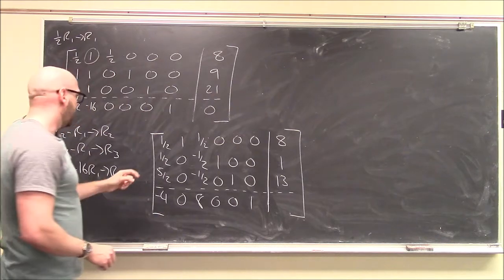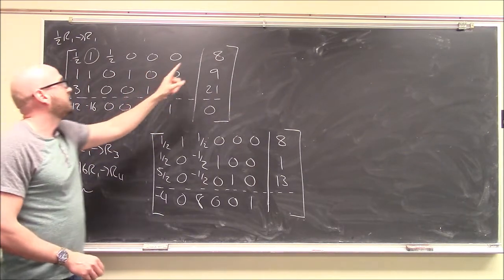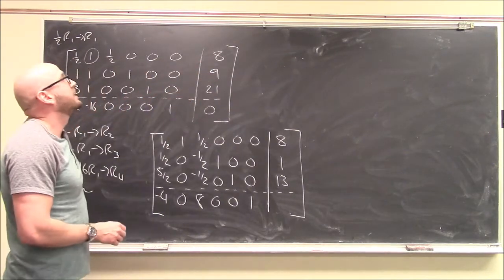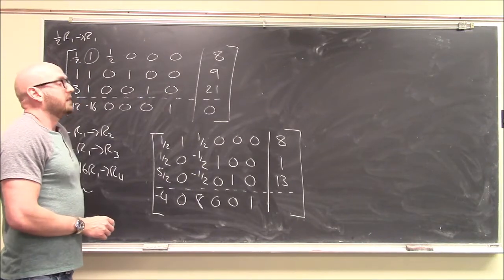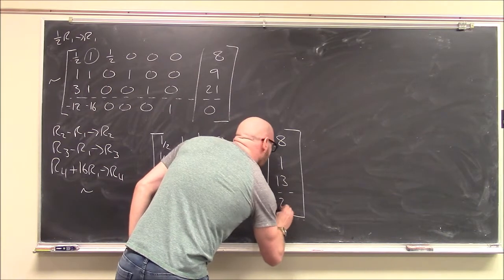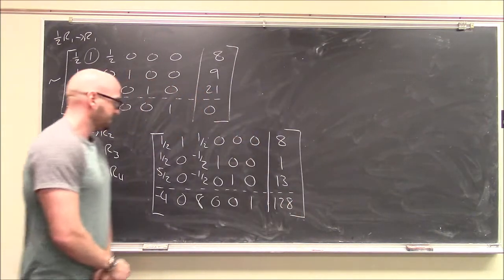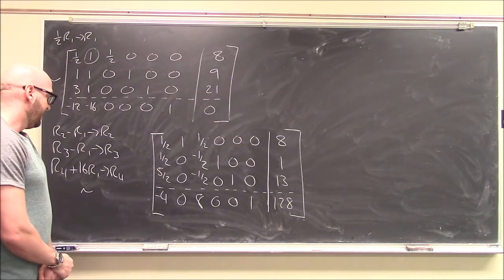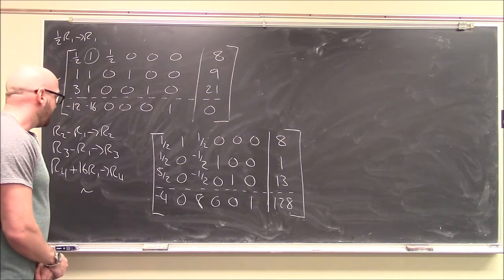And then I've got 0 plus 16 times 8. 10 times 16 is 160, minus 32 should be 128. Okay, there's our pivot operation done.